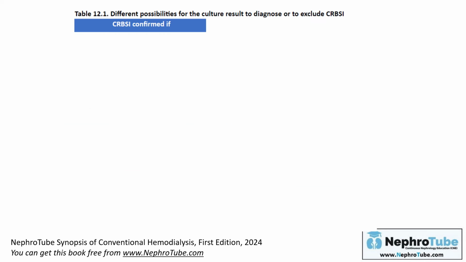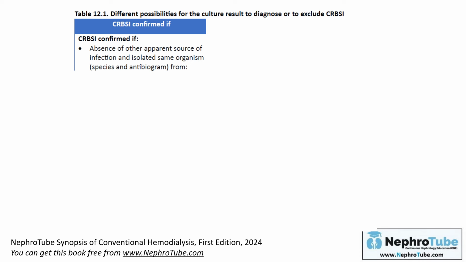When is CRBSI confirmed and when is CRBSI unlikely? CRBSI is confirmed if there is absence of other apparent source of infection, and the same organism, regarding species and sensitivity (antibiogram), is isolated from all cultures.